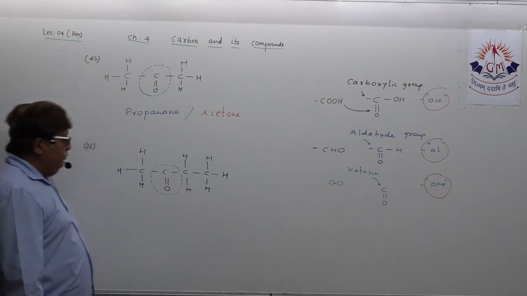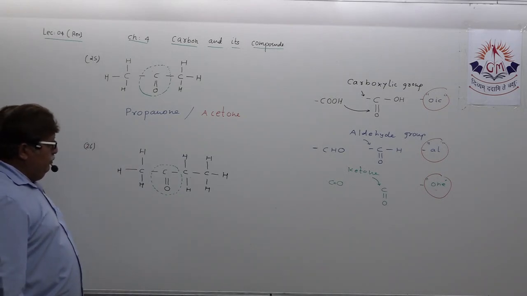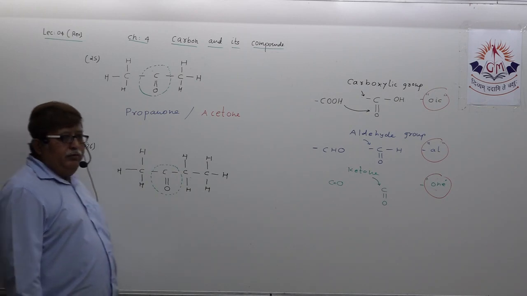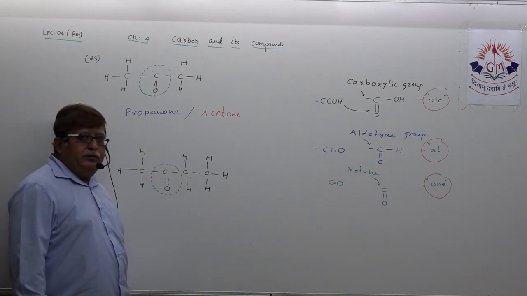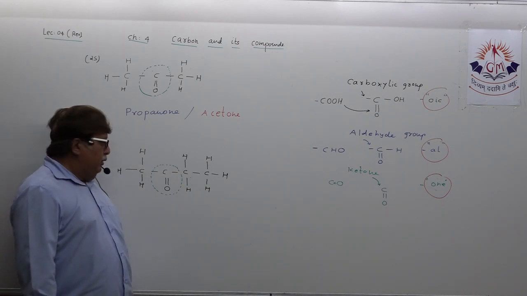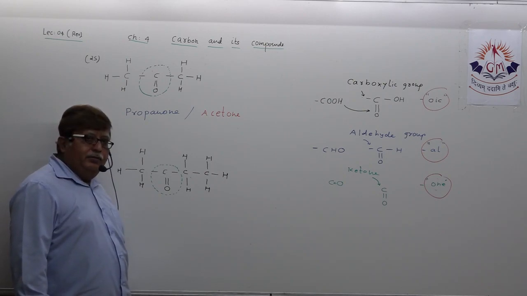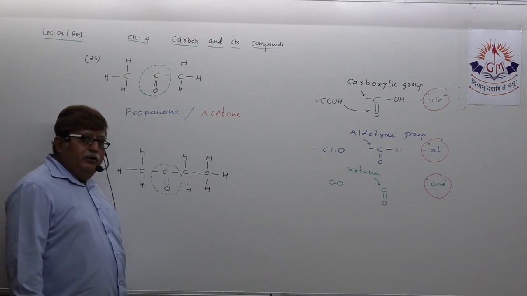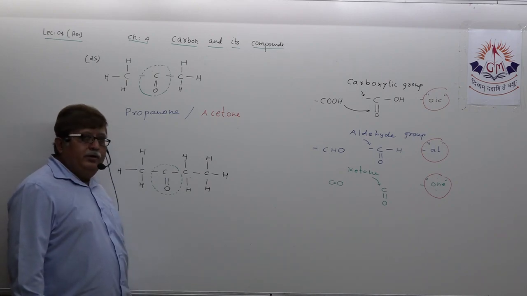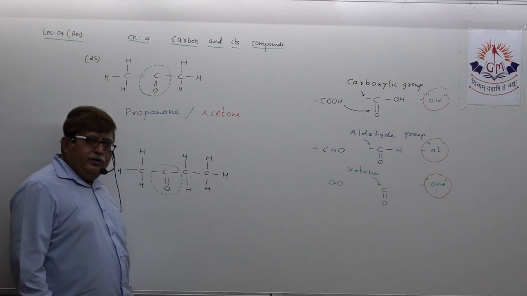Count the number of carbon atoms in the carbon skeleton. 4 carbon atoms means C4, that means butane. So you will definitely like to name it as butanone, and it's correct also.